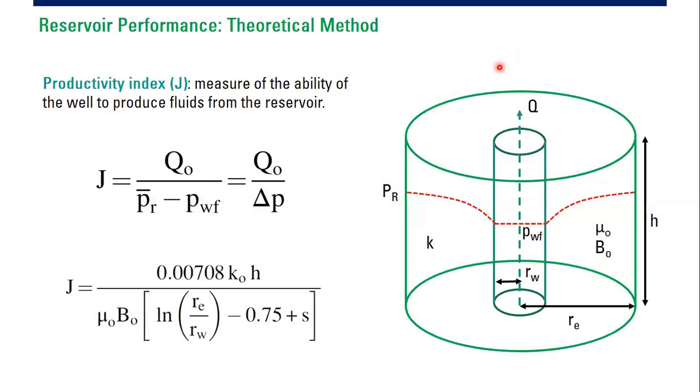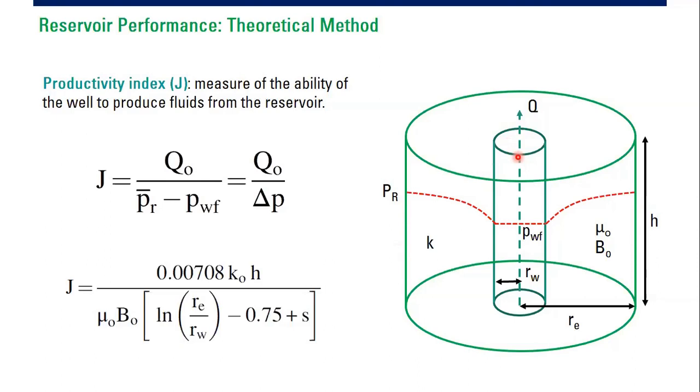Productivity index is a measure of the ability of the well to produce fluids from the reservoir. So for example, we have this simplistic, cylindrical reservoir model. We have this cylinder, which is actually our reservoir. We have a well producing from the center of the reservoir.